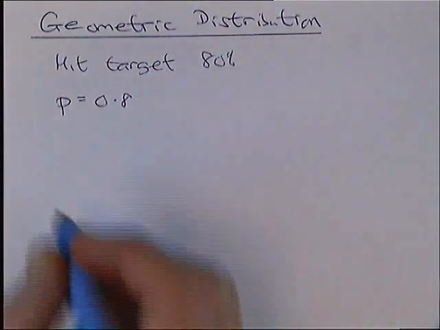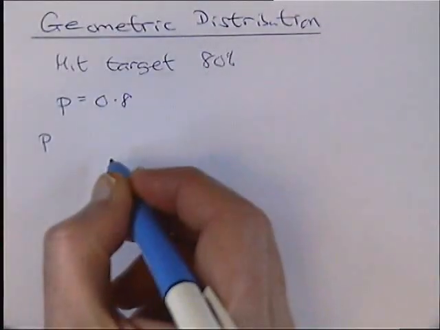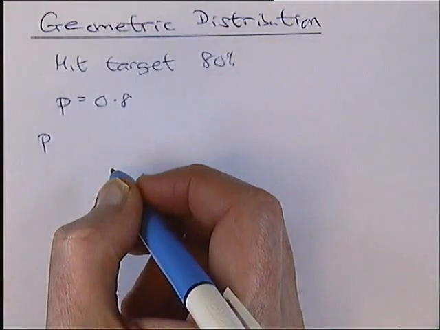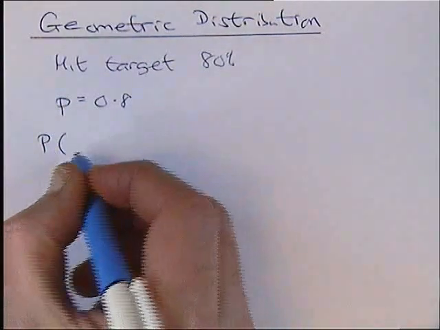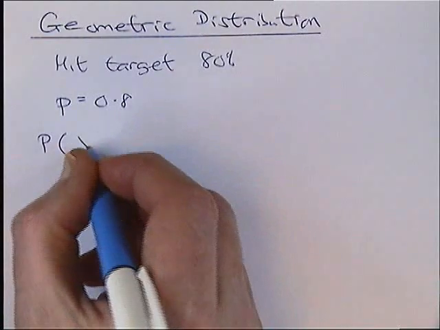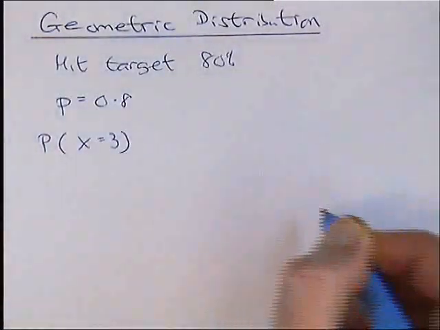So what I want to work out first of all is the probability he'll hit the target on the 3rd attempt, and that's the first time he's hit it. I'm going to say that's x equals 3.